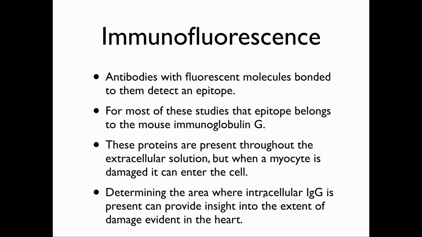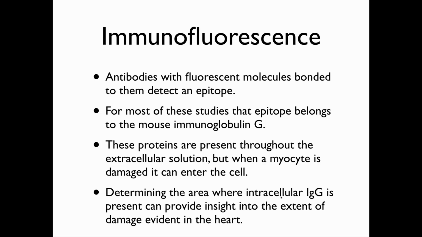So determining the area where intracellular IgG is present can give us a good idea of where muscle damage has happened. In many cases, that is one of our main functional readouts of how well this heart is protected by various therapies or other interventions.